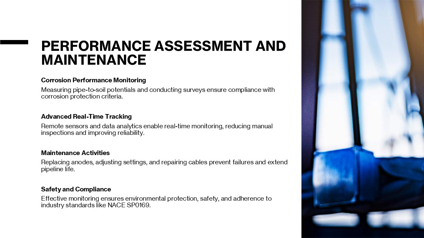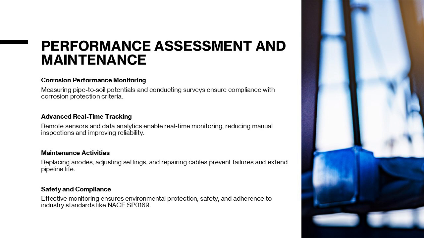These assessments help verify compliance with protection criteria, such as maintaining potentials more negative than -850 mV versus a copper/copper sulfate electrode. Regular monitoring detects coating defects, anode depletion, and interference issues early, allowing timely corrective actions.